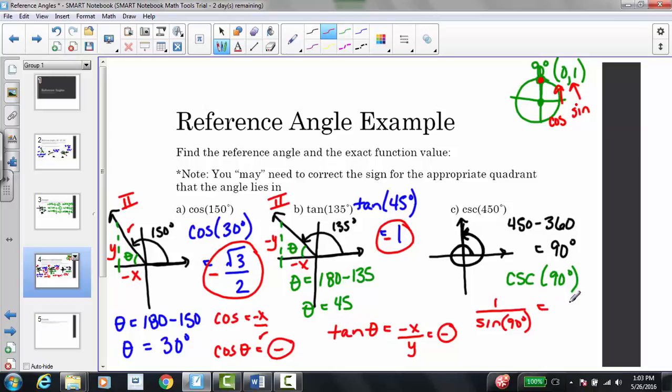So now I have 1 over the sine of 90 degrees. And as you can tell from my picture, the sine of 90 degrees is our y value, which is just 1. So my final answer: 1 over 1 equals 1. So the cosecant of 450 degrees is just 1.